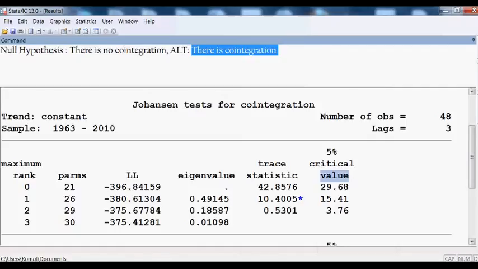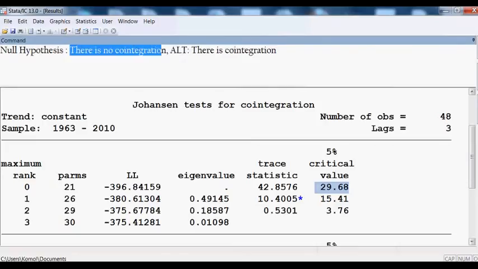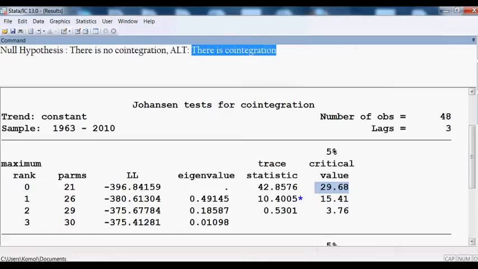Okay, so here the first is 0. That means there is no co-integration. And here 42.85 is more than 29.68, meaning that we can reject the null hypothesis and can take the alternative hypothesis, meaning that I can reject this 0.